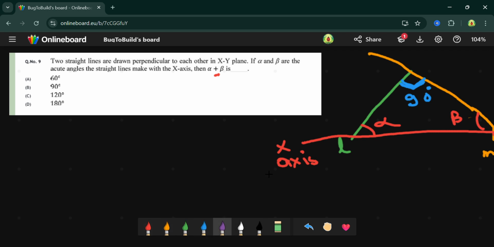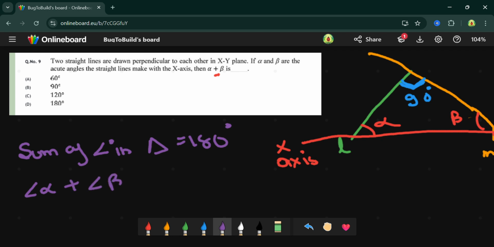So let's do this. First, the sum of all angles in a triangle is 180. We already know. So angle alpha plus angle beta plus 90 degrees equals 180 degrees.